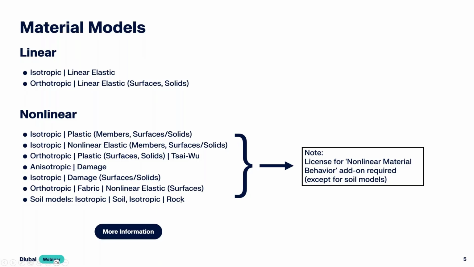For these material models, the geotechnical analysis add-on is necessary, and for the first 6, the nonlinear material behavior add-on. For more information, you can press the button with the link here.